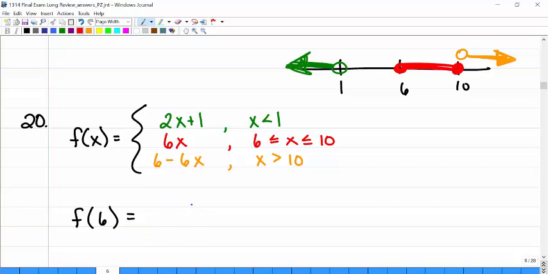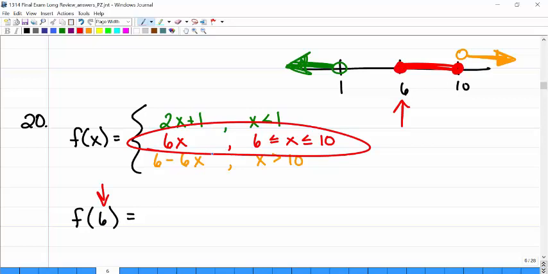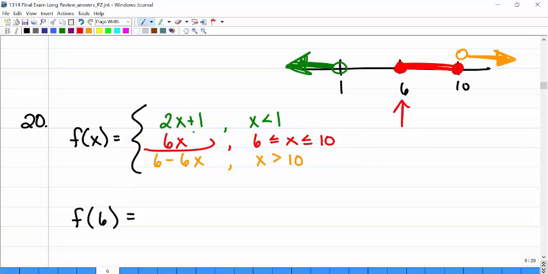Okay, I want to find f of 6 right here. F of 6. Where is 6 on my x axis? And I notice that it's right here. And it was colored red. So it must obey the red rule. Everywhere I see an x, I'm going to type in a 6. 6 times 6 is 36.